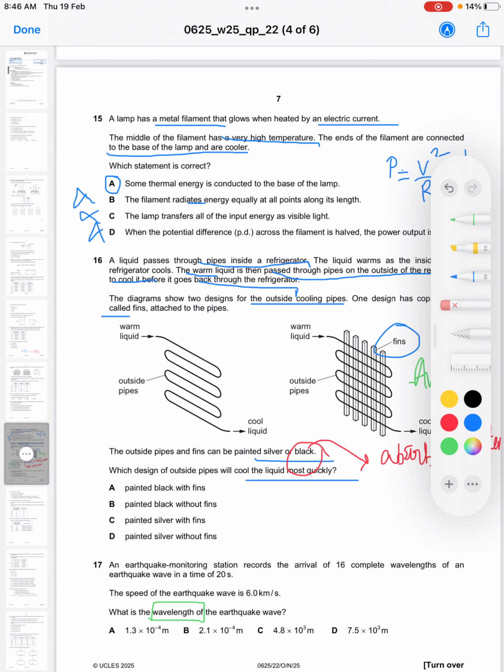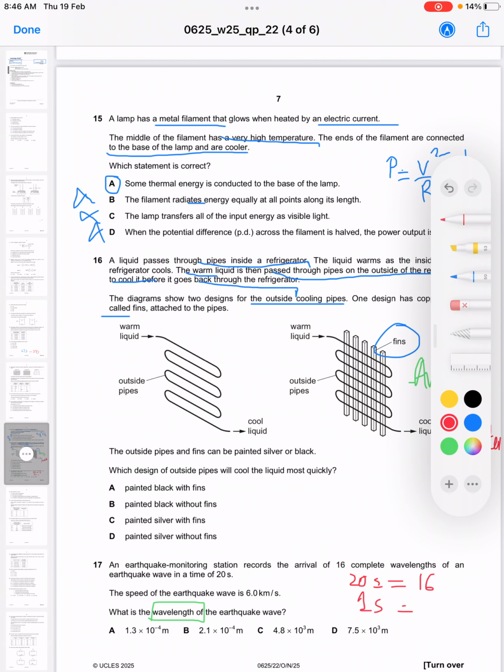The 16 complete wavelengths for 20 seconds, right? So for 20 seconds we have 16 wavelengths. So for 1 second it is 16 divided by 20, right?